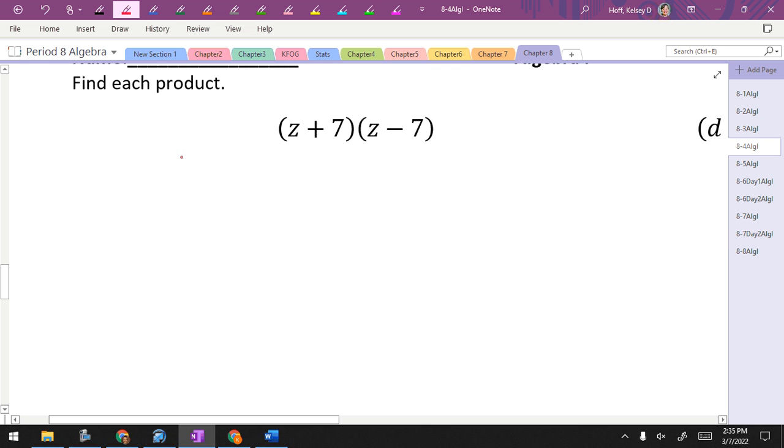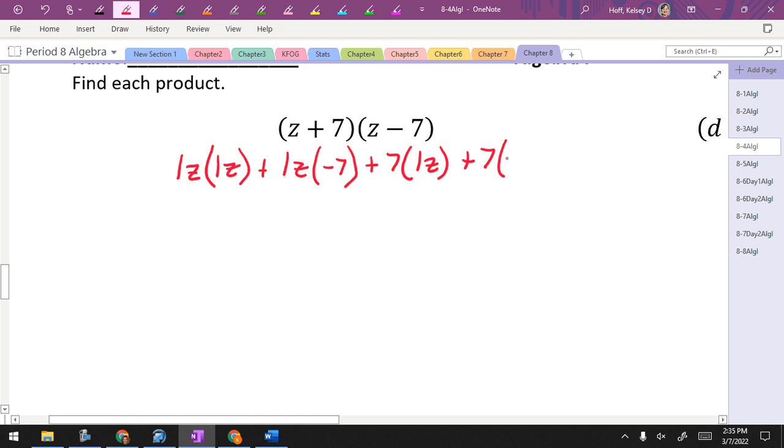I would take 1z times 1z. And then I would take 1z times negative 7. And then I would take 7 times 1z. And then I would take 7 times negative 7.